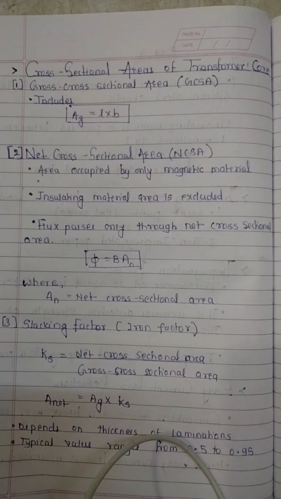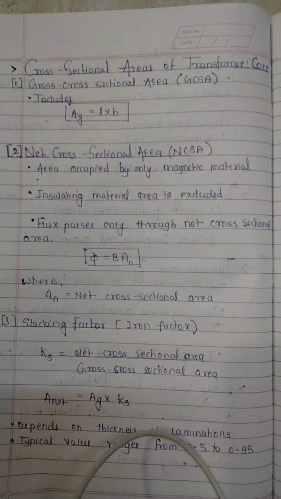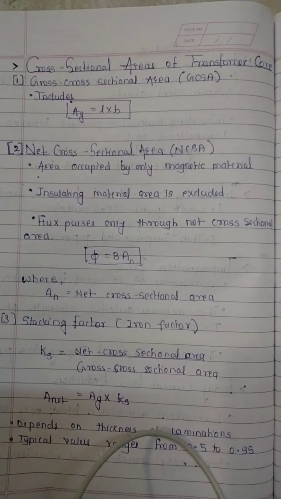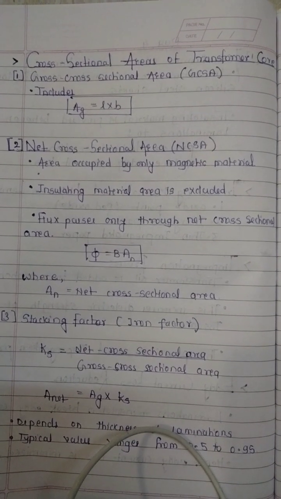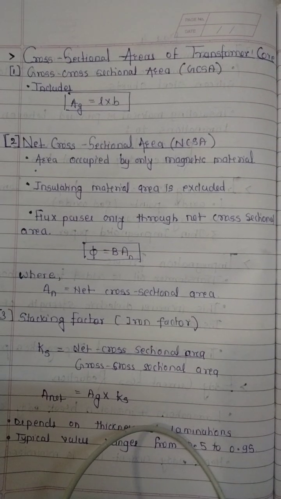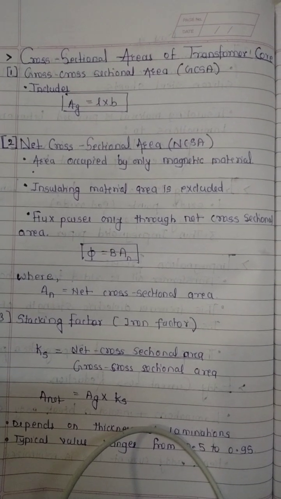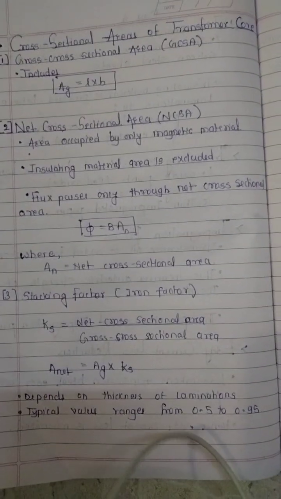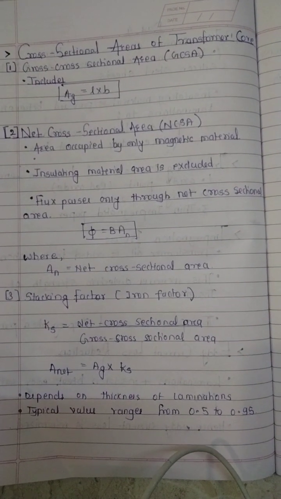Stacking factor, which is also called the iron factor, is the ratio Ks equal to net cross-sectional area upon gross cross-sectional area, and is given by A net equal to Ag cross Ks, which depends on the thickness of the lamination.